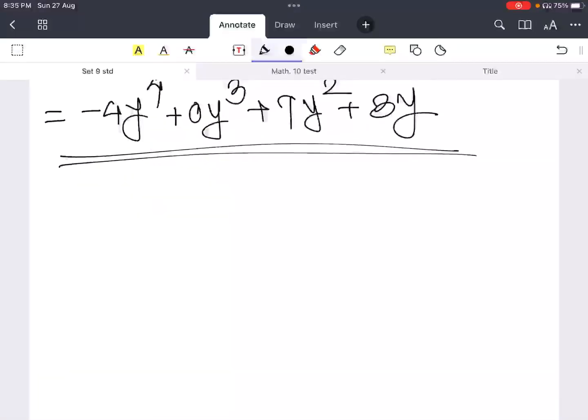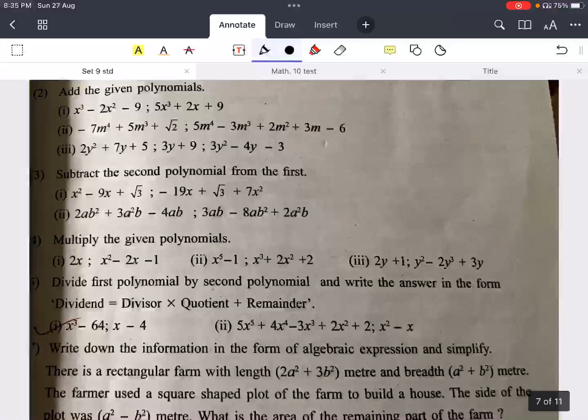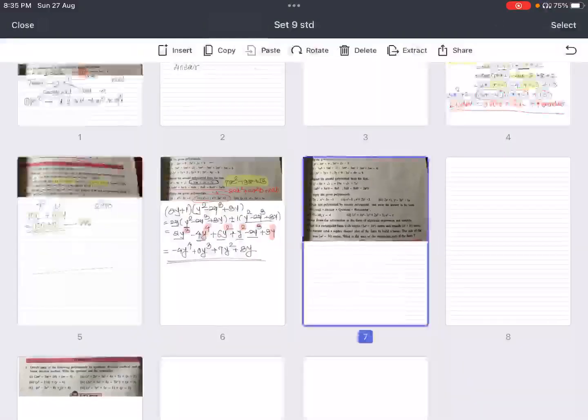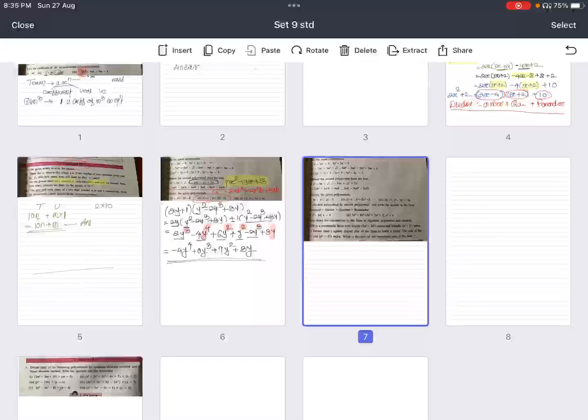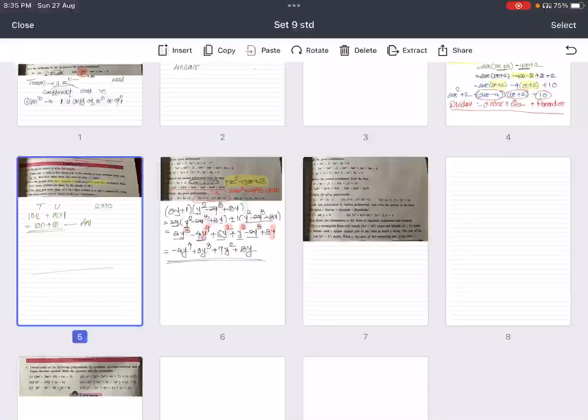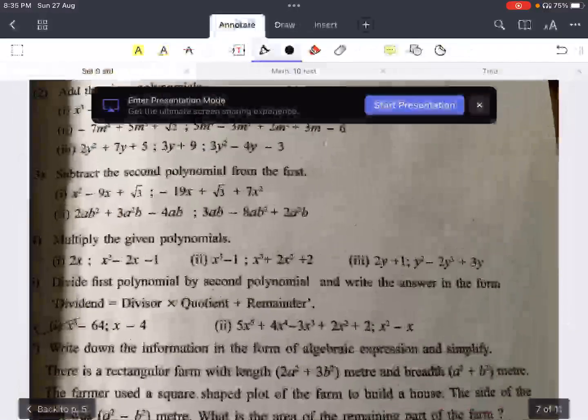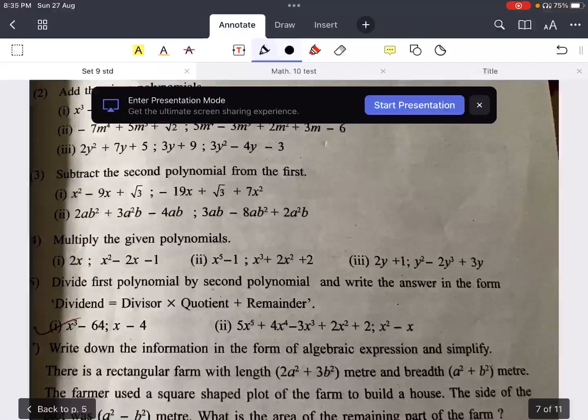So what type of question? Okay, so here let's just do one thing. This one is done, this one is also done. Okay. Now let's move to the next question. Multiplication is done.